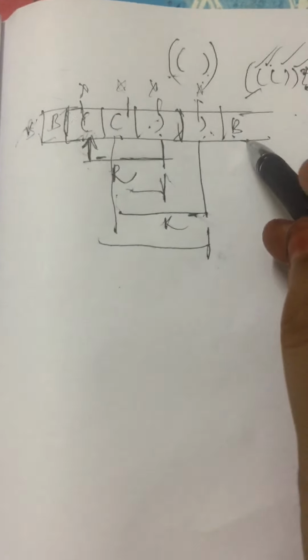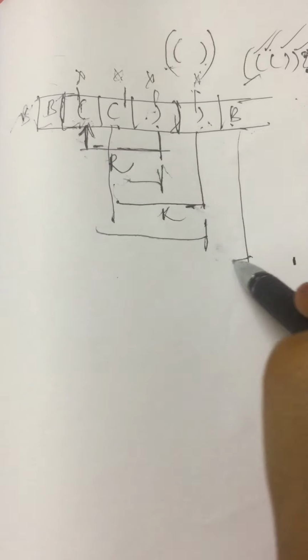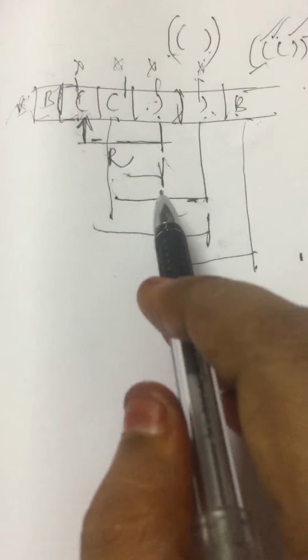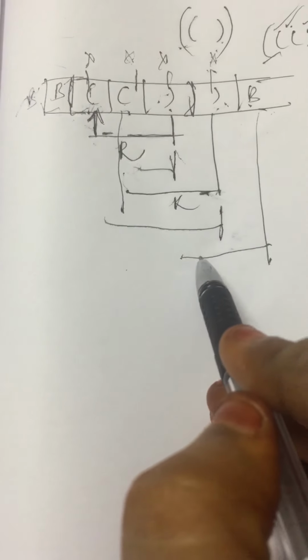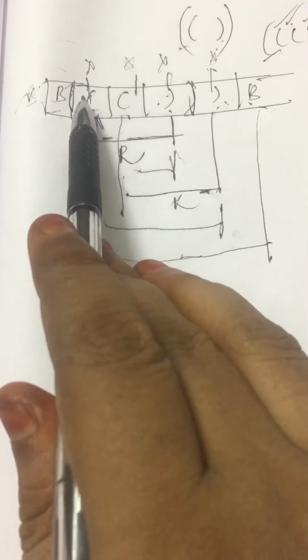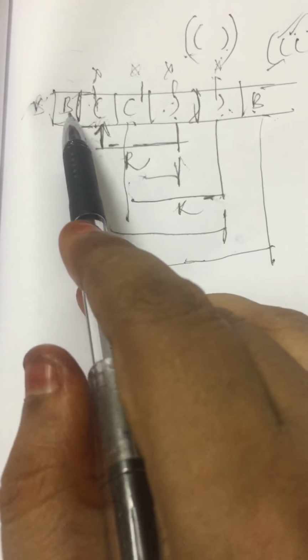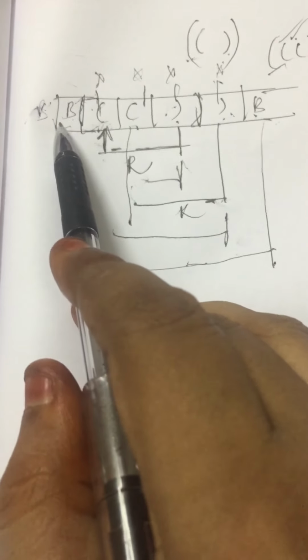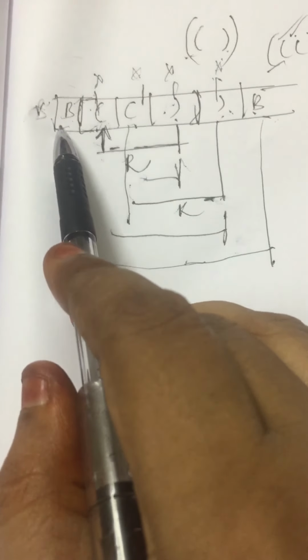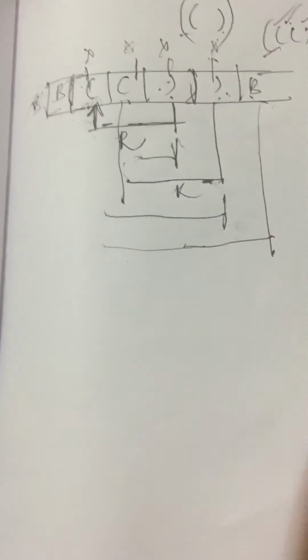This time when it moves to the left direction from here, the same procedure as done previously, if it finds the blank symbol before this X, then it means that this is a balanced parenthesis string being accepted by the Turing machine.